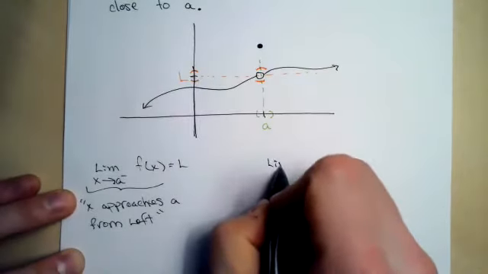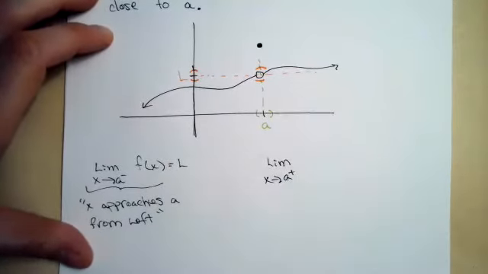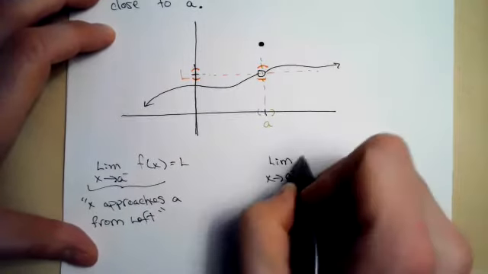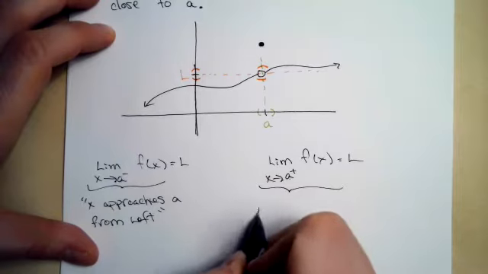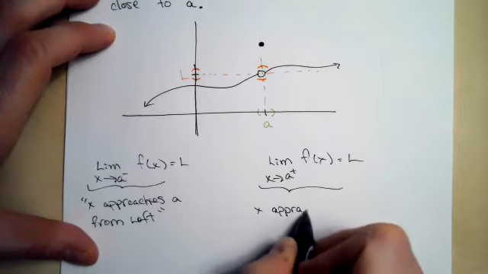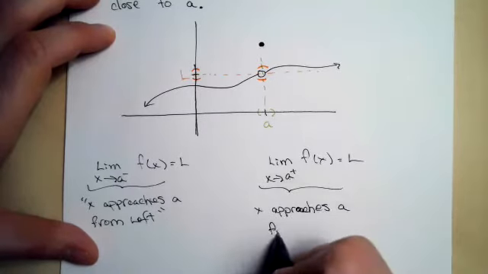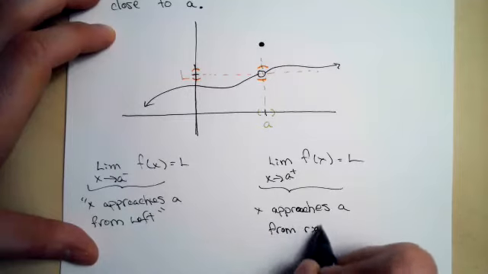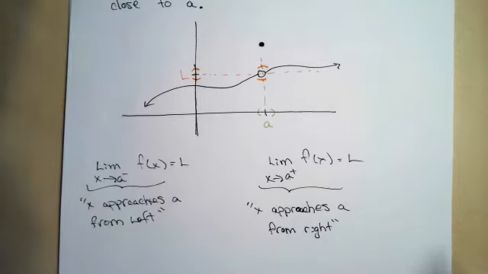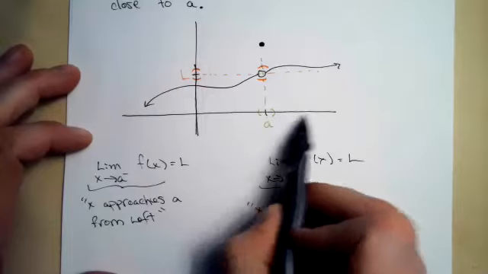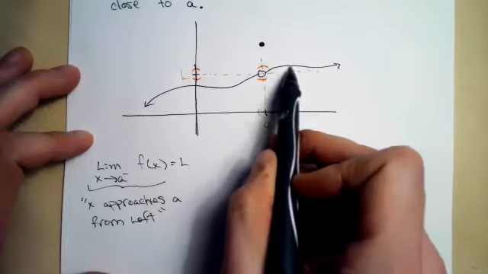Likewise, we have notation for what happens when we approach from the right. In this case, we put a plus as a superscript above the a. This means we want x values bigger than a, looking to the right of a, but approaching towards a.